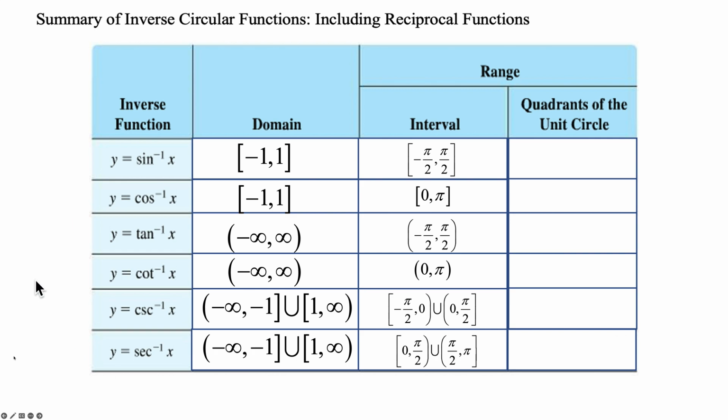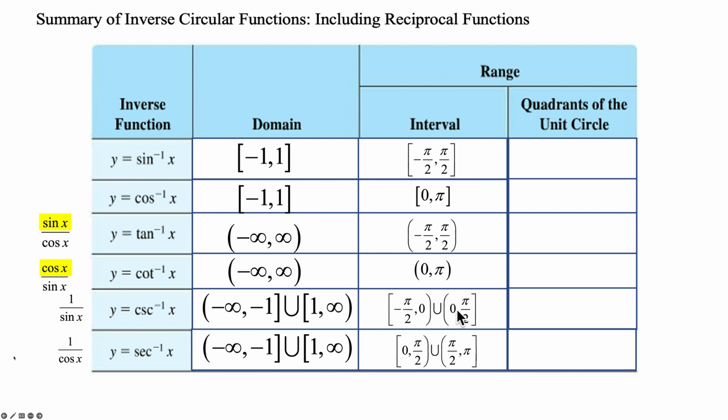So again, if you recall, tangent is sine over cosine. Having sine in the numerator dominates their domain and range, especially the range. Sine, negative pi over 2 to pi over 2 with brackets. Inverse tangent, negative pi over 2 to pi over 2, open interval. Cosecant inverse, its reciprocal is 1 over sine.